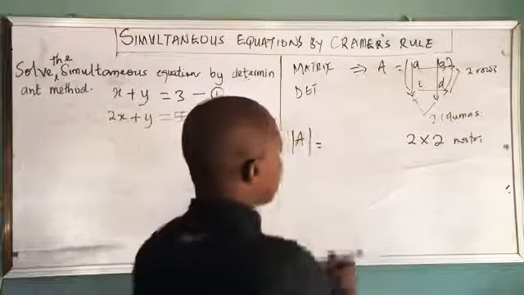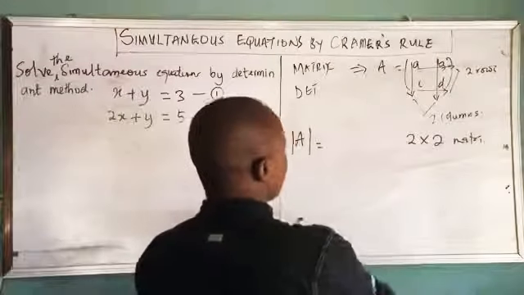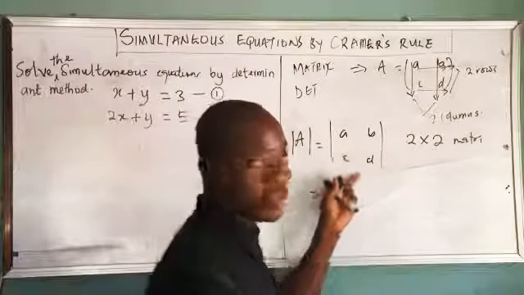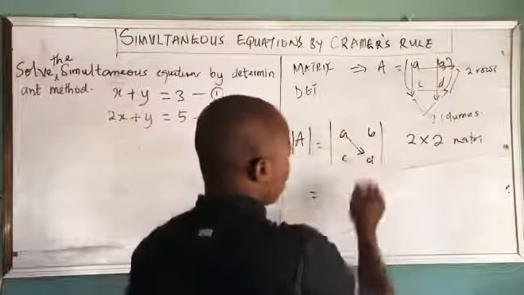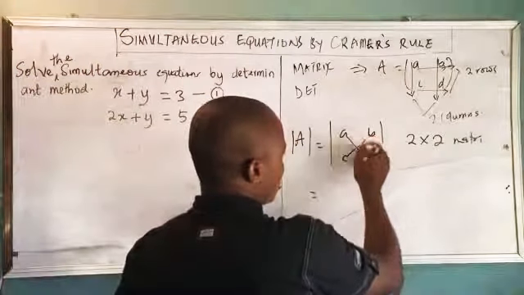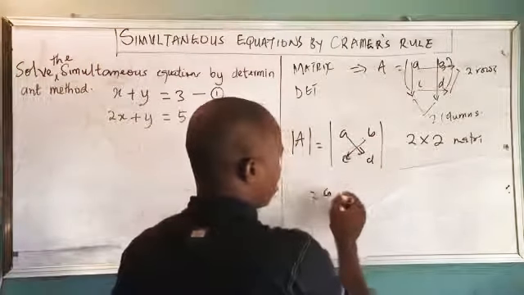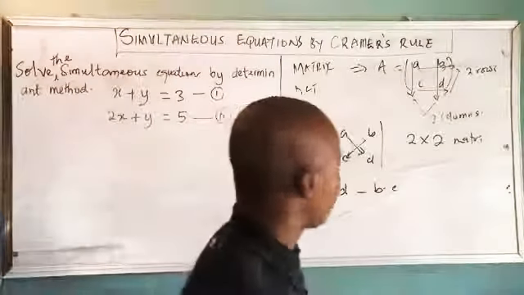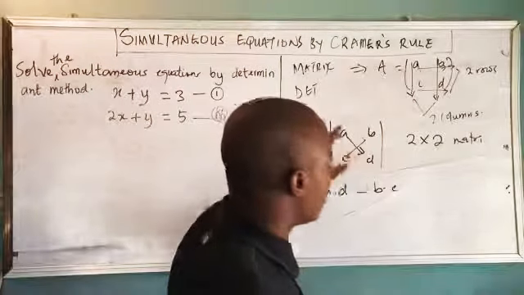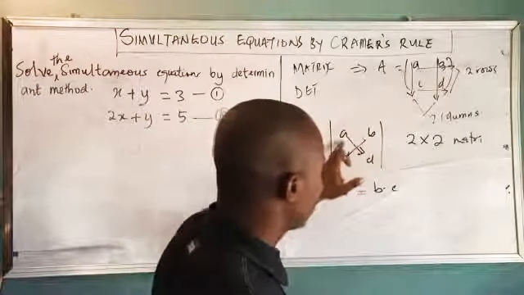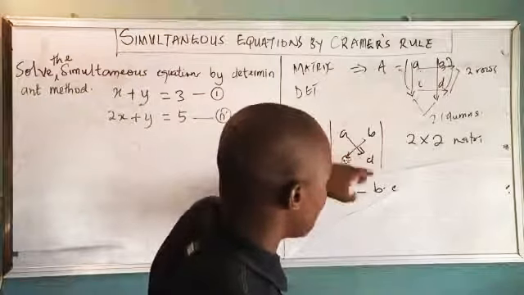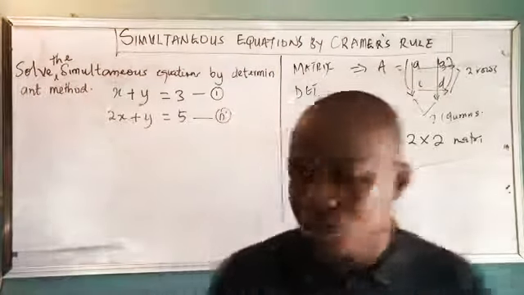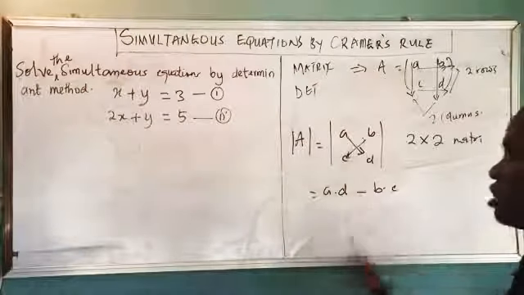To get the determinant of the matrix with entries a, b, c, d, it will be a multiplied by d minus b multiplied by c. That is the formula. You multiply the diagonal entries, because you can see this is the diagonal, that is a times d, ad, then minus b times c. That is how to solve the determinant of this.